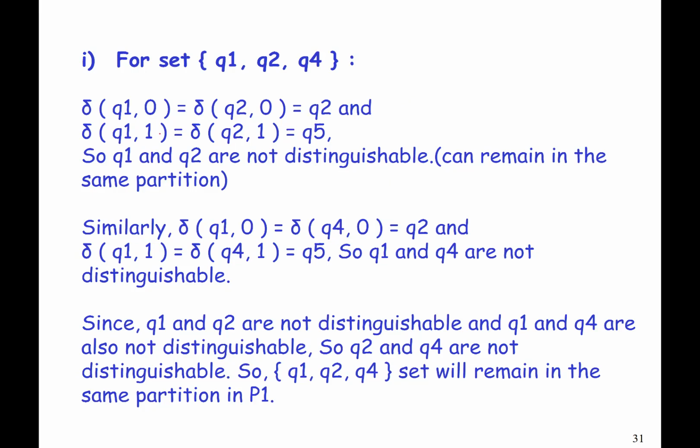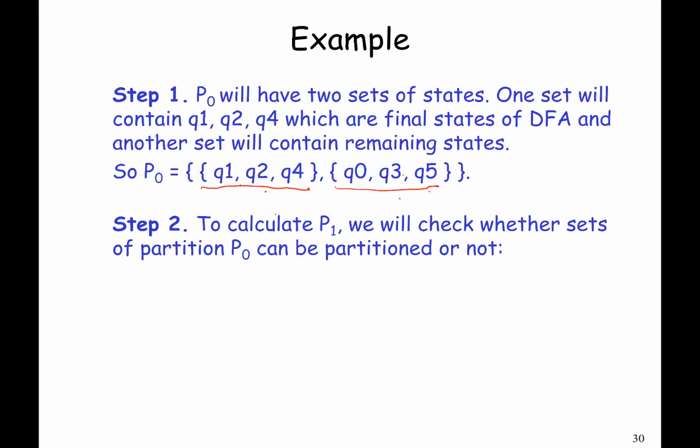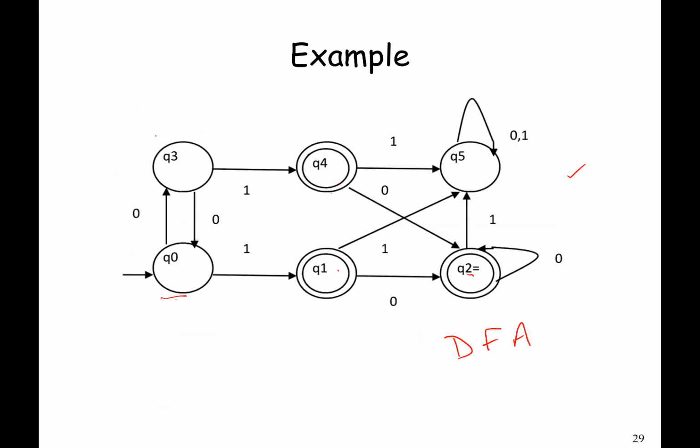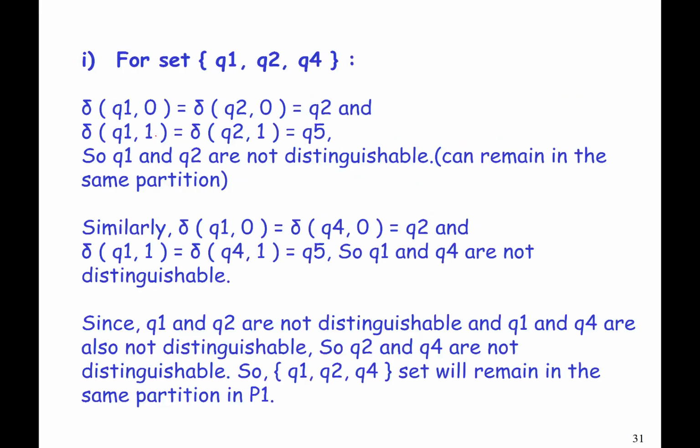If you look at the transition diagram, Q1 on a 0 and Q2 on a 0 go to Q2, and Q1 on a 1 and Q2 on a 1 go to Q5. So the next transitions for Q1 and Q2 are Q2 and Q5.